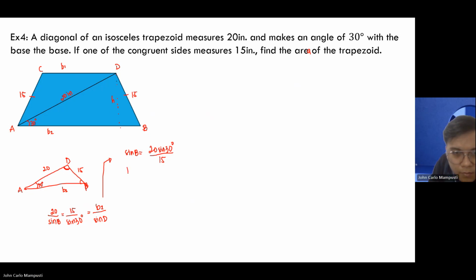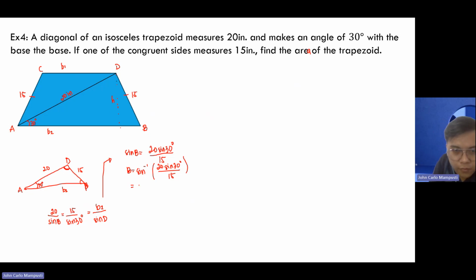So, B is equal to inverse sine or arc sine ng ating 20 sine 30 degrees over 15. Pwede nyo i-input yung sa calculator. So, shift sine, 20 sine 30 degrees over 15.